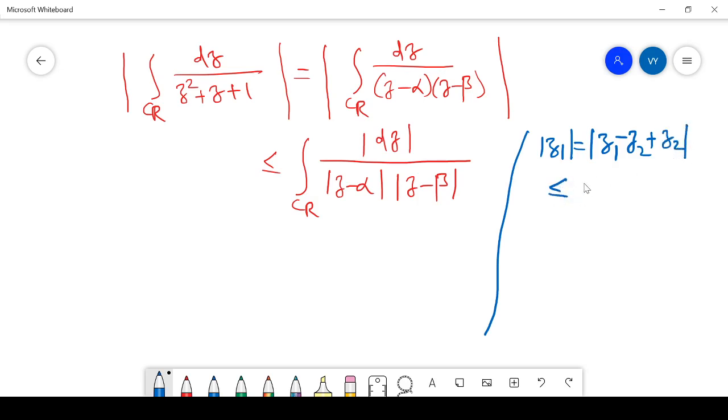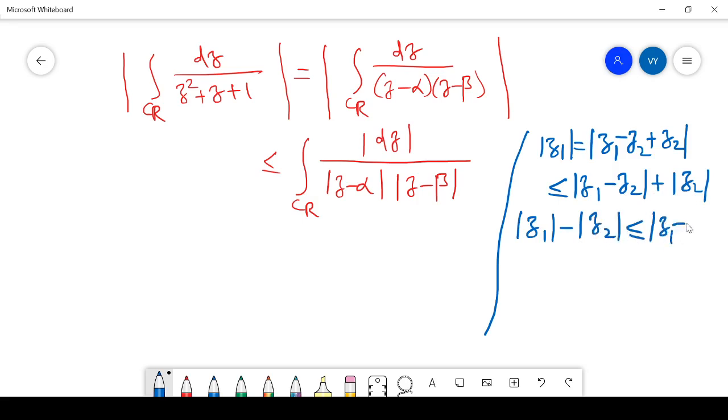Using the triangle inequality, I can write this as mod z1 minus z2 plus mod z2, or modulus of z1 minus modulus of z2 is less than or equal to modulus of z1 minus z2.